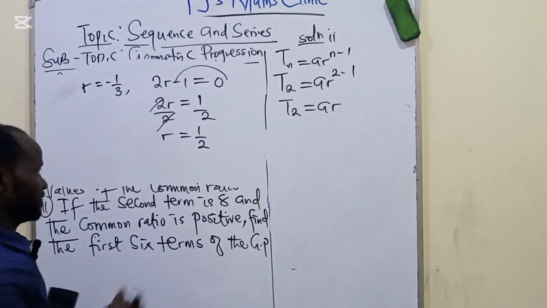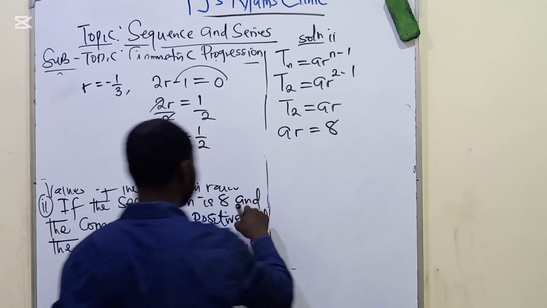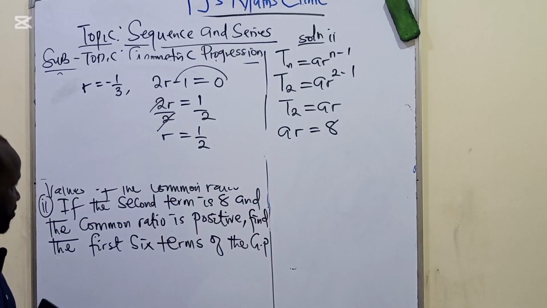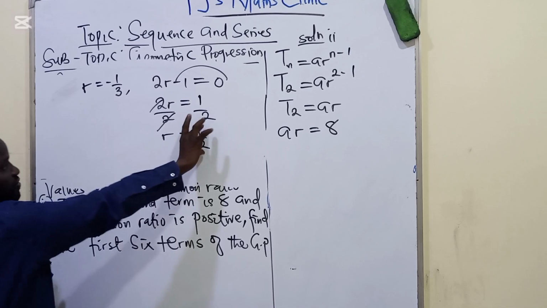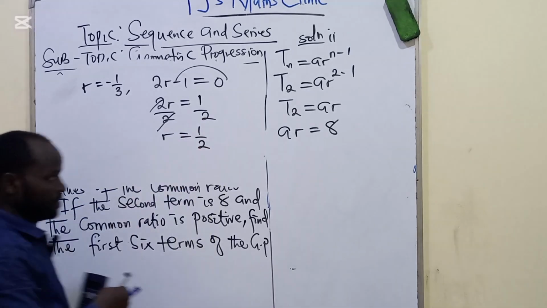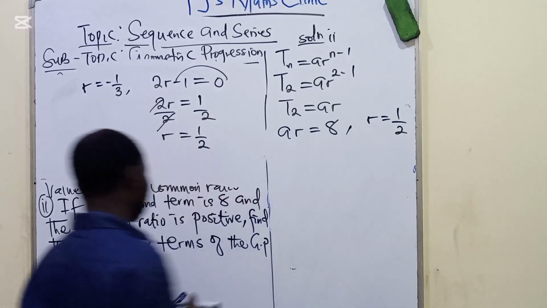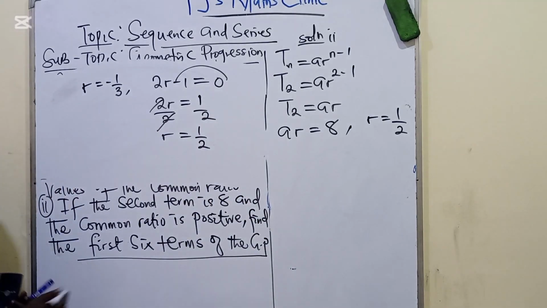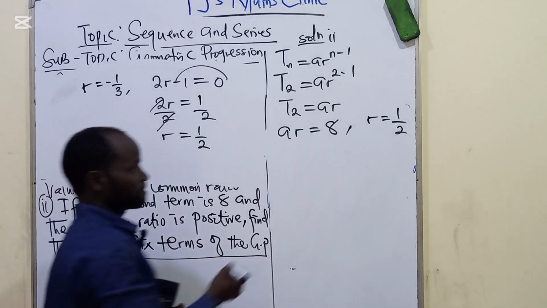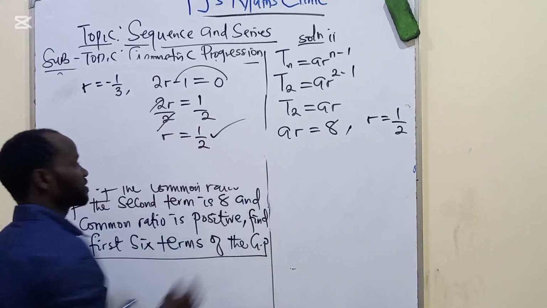But we are told AR, which is T2, is equal to 8, and the common ratio is positive. So between these two values of R, which one is positive? When R is half. When R is a positive number, which is half now, we are asked to find the first 6 terms of the GP. We are using the positive R, which is half.